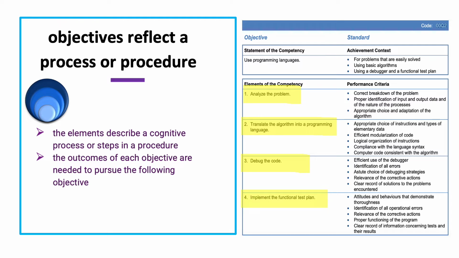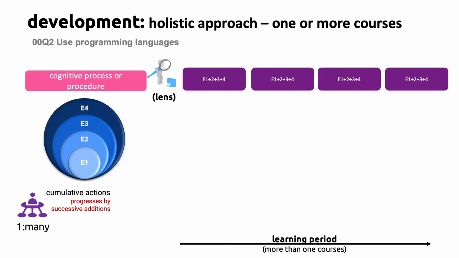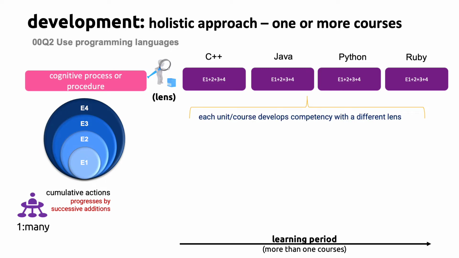In this fictitious example, where a program wanted students to have an overview of different programming languages, they decided to develop 00Q2 over 4 courses. Each of the courses would address algorithms, writing code, debugging, and testing the program, but from a different lens or programming language.